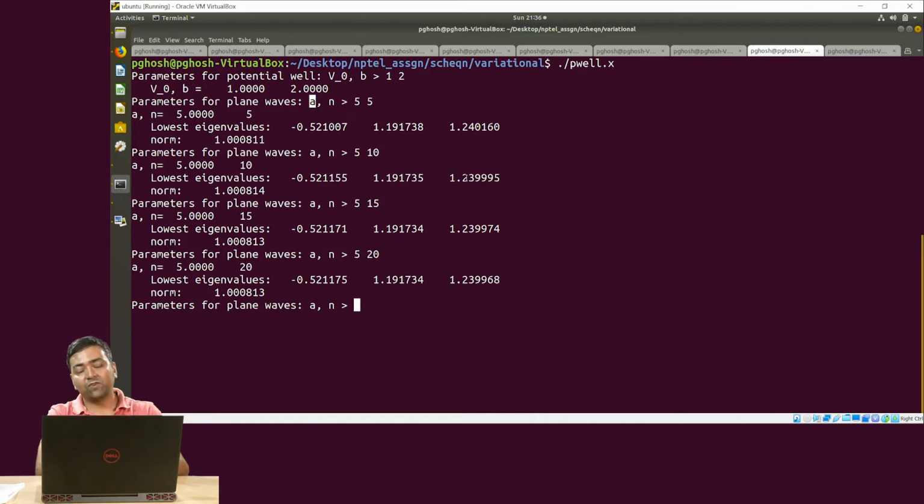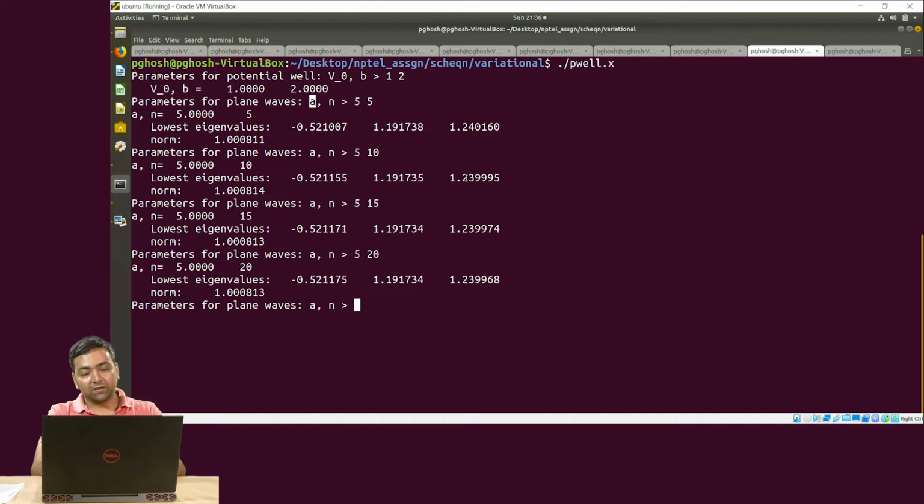Similarly, a non-zero value from minus b by 2 minus a to plus b by 2 minus a. These are fictitious potentials, because the actual potential has a non-zero value only between minus b by 2 and plus b by 2. So, these are called periodic images.